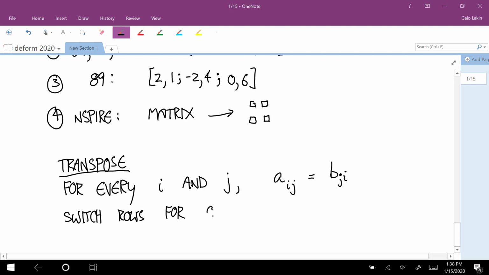Okay, so switch rows for columns. There's an n in columns.